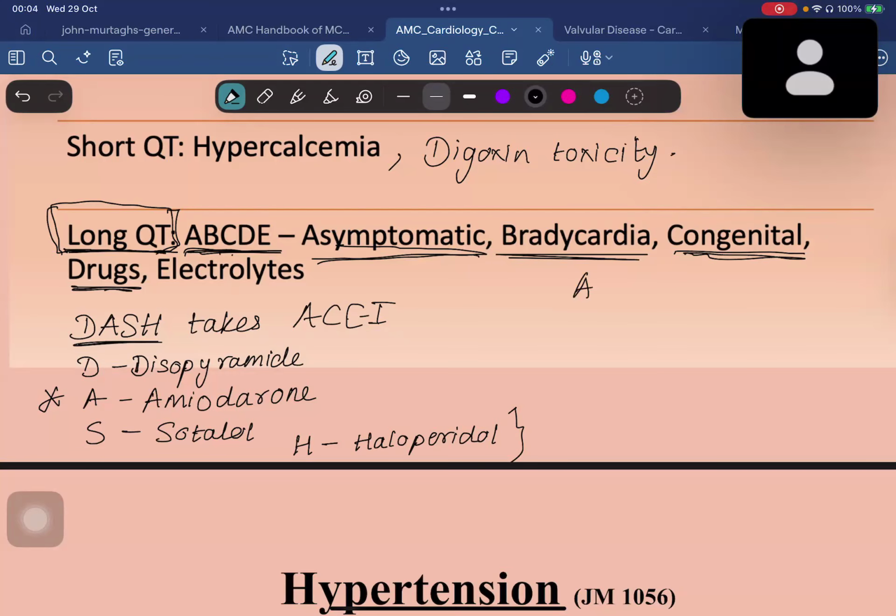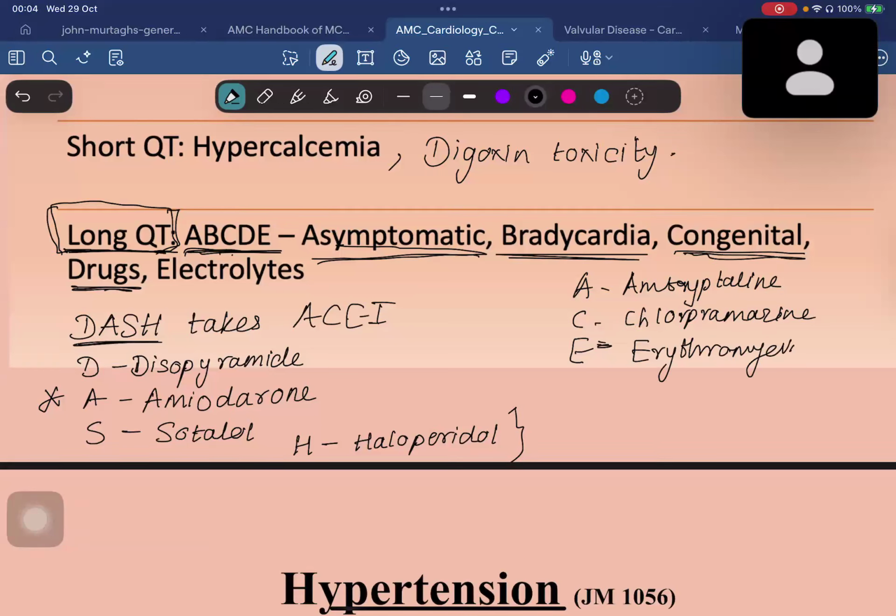And in ACE inhibitors, I would just remember ACE as amitriptyline, chlorpromazine, and E was a pretty common drug, erythromycin.